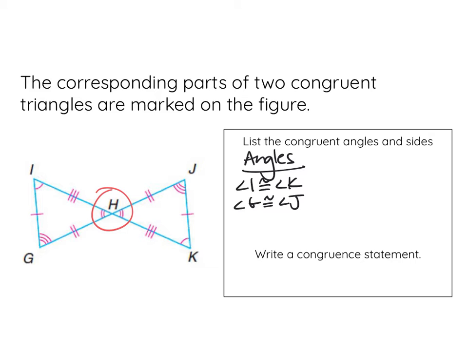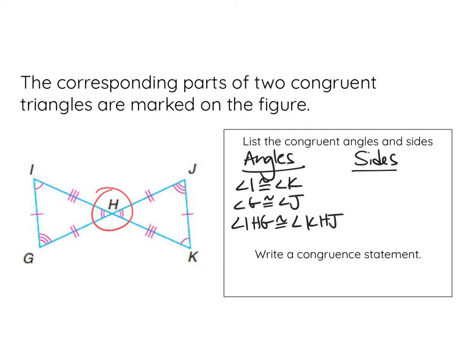However, I have to be specific. I can't just call them angle H because that could give us a lot of options. So I'm going to say angle IHG is congruent to angle KHJ. That's just using 3 letters because, again, we need to. Angle H is not specific enough. Okay, now if I look at sides, I'll do these in a different color.